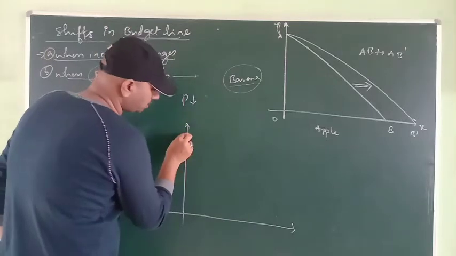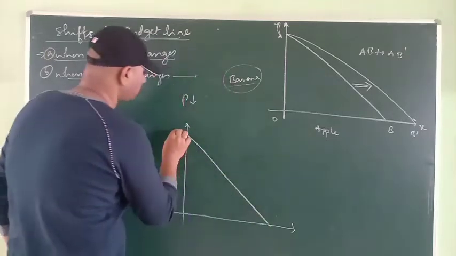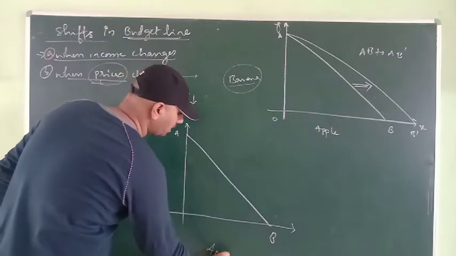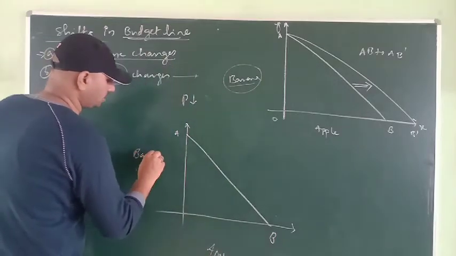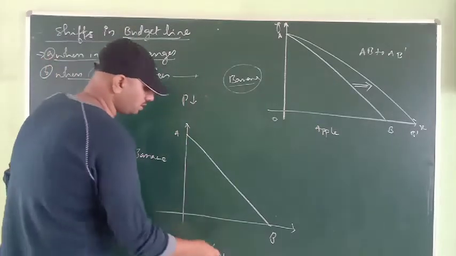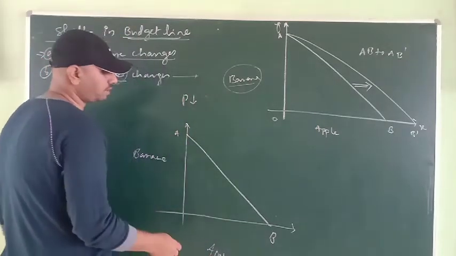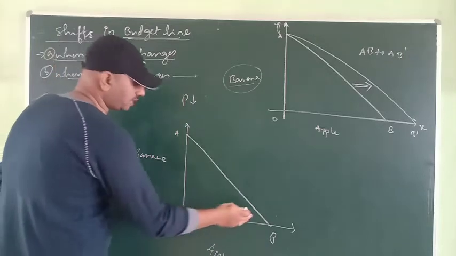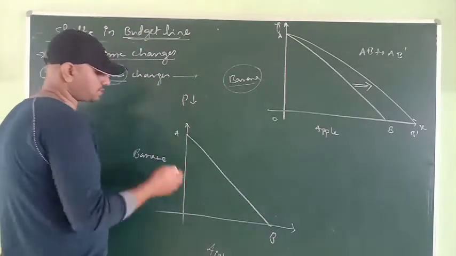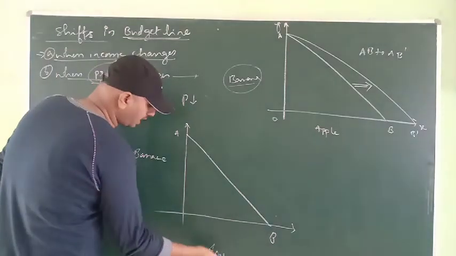Assume this is an old budget line called AB, the same example of apple and banana.